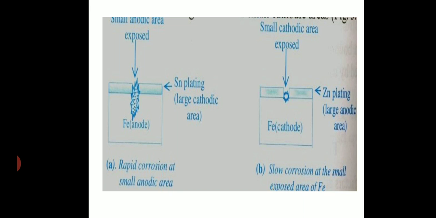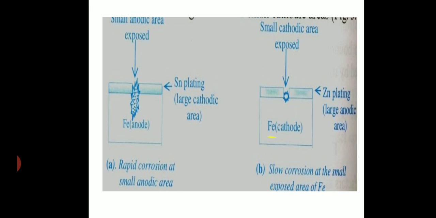On the other hand, in a similar diagram where zinc coating is given on the Fe, zinc is anodic to Fe. That means it is more active as compared to Fe. That small hole will not affect. Why?